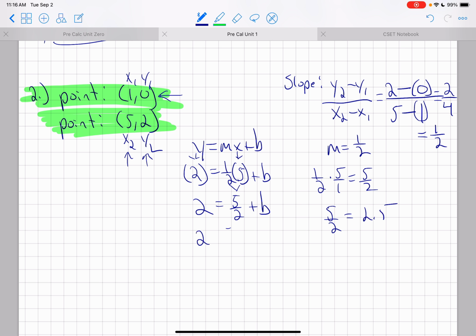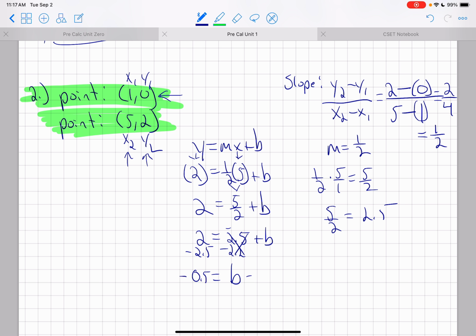So all this is saying is 2 equals 2.5 plus b. Okay? Minus 2.5 minus 2.5. b equals whatever 2 minus 2.5 is, which is negative 0.5.